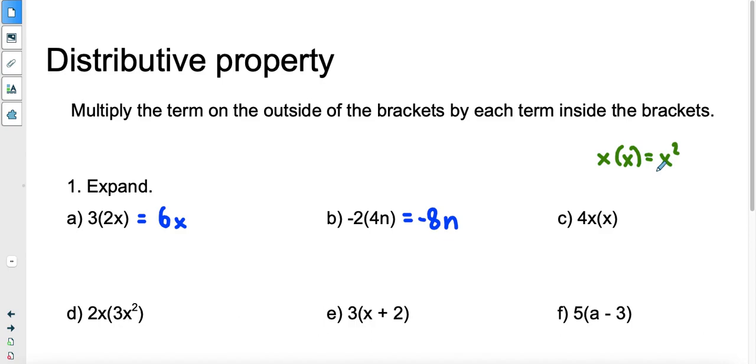If you had 3 times 3, that would be 3 squared. 4 times 4 is 4 squared. So it stands to reason that x times x is just x squared. So if we're multiplying 4x times x, that's just going to give us 4x squared.